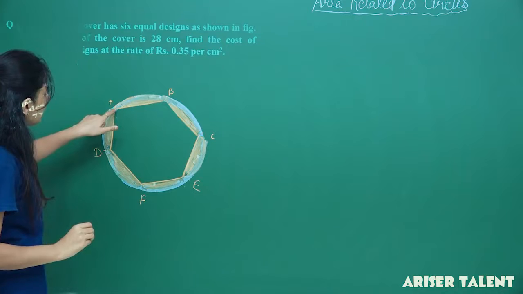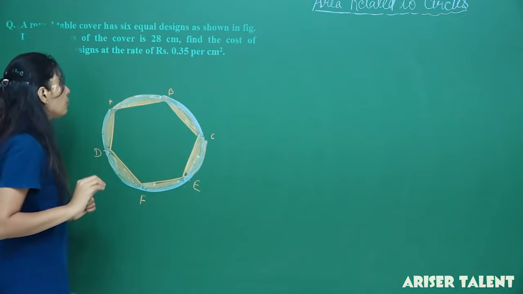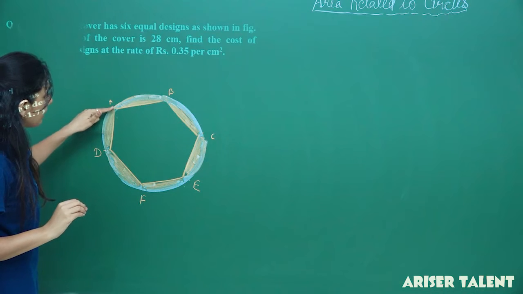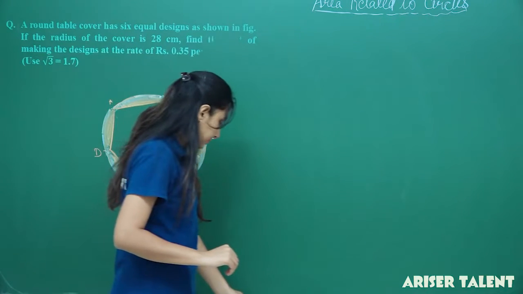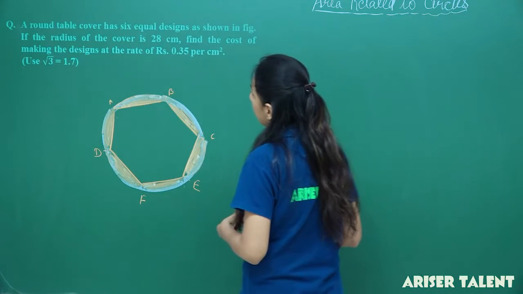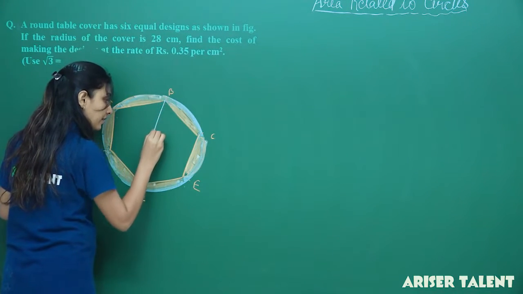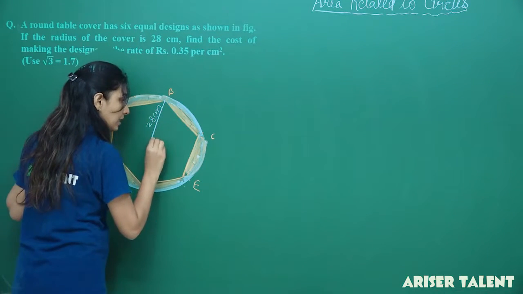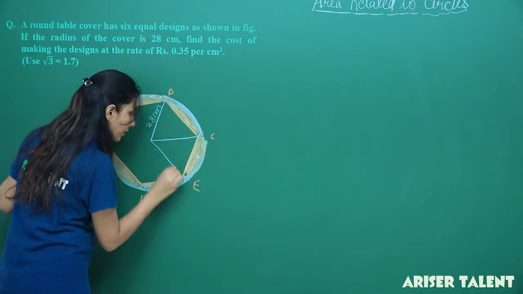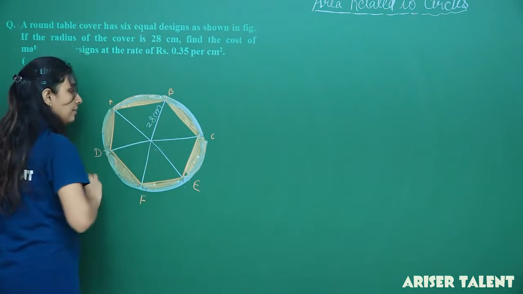Now students, this intersection of these 2 points actually coincide with the circle's circumference. What that means is, we are having a radius of 28 centimeter. So if here I will be having this 28 centimeter, and similarly these all will be of what? 28 centimeters, because radii will be same.